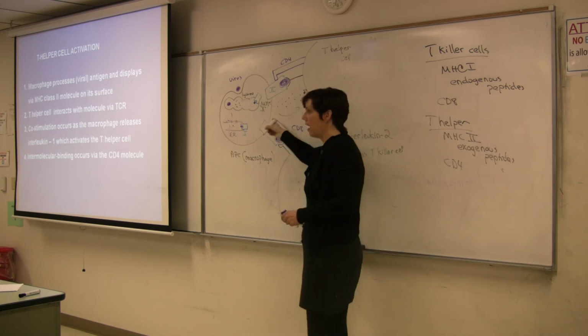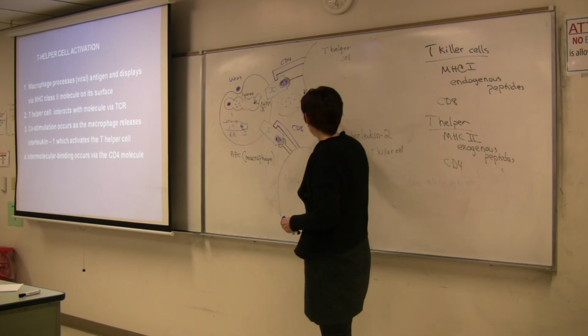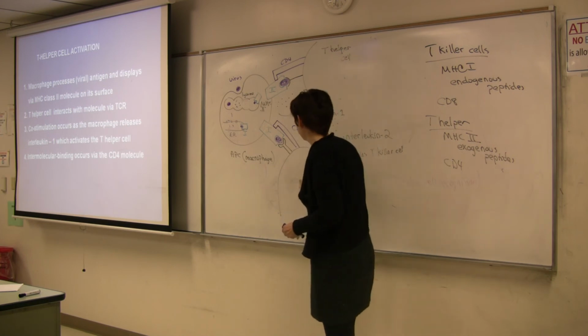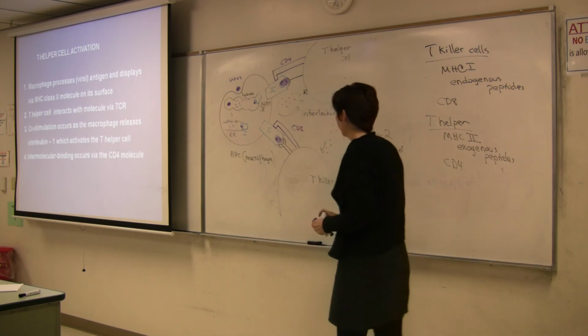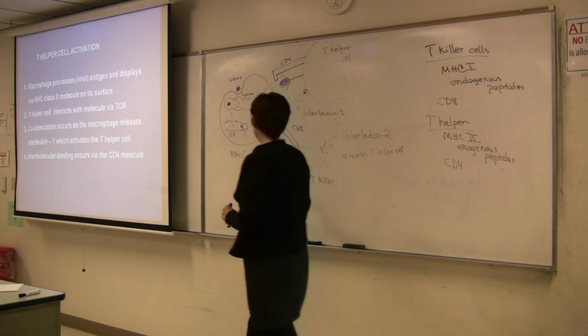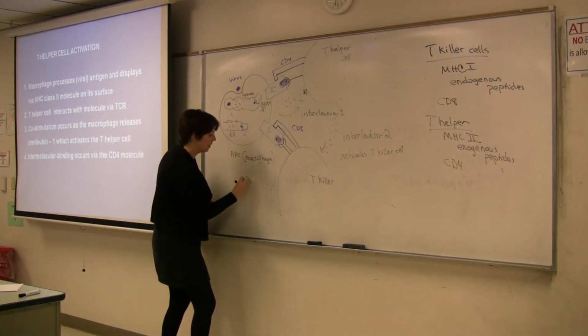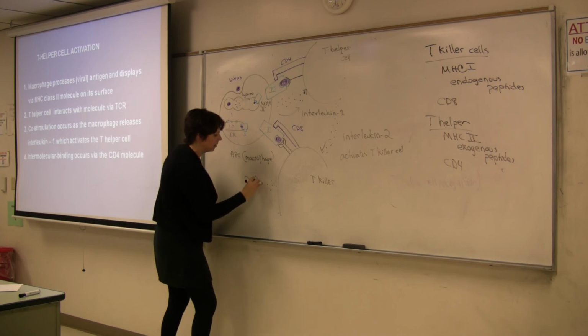Interleukin 1 from the macrophage activated the T helper. It made interleukin 2, which activates the T killer cell. Now the T killer cell is active. It makes a molecule known as perforin.